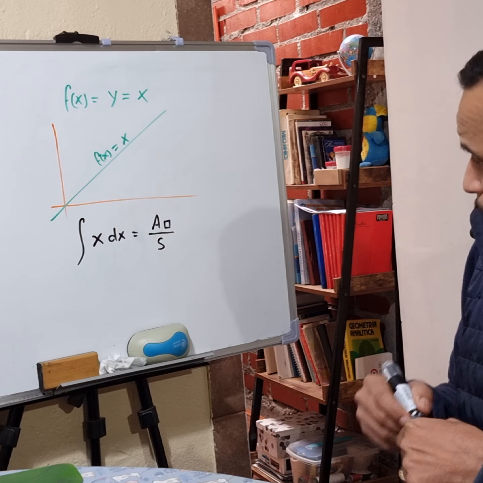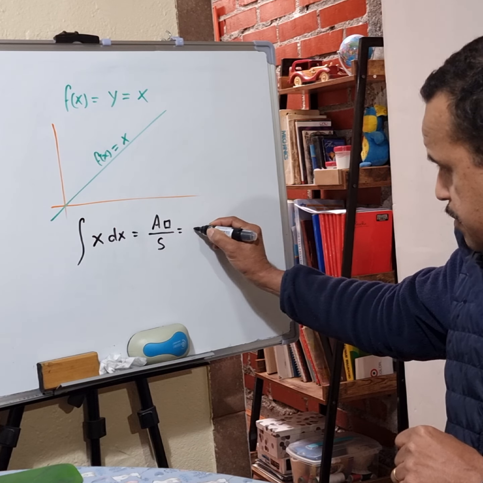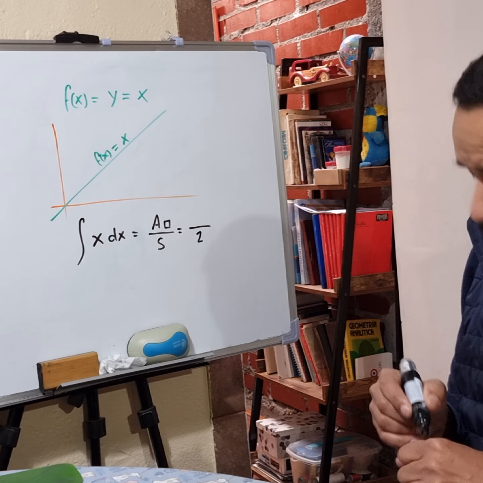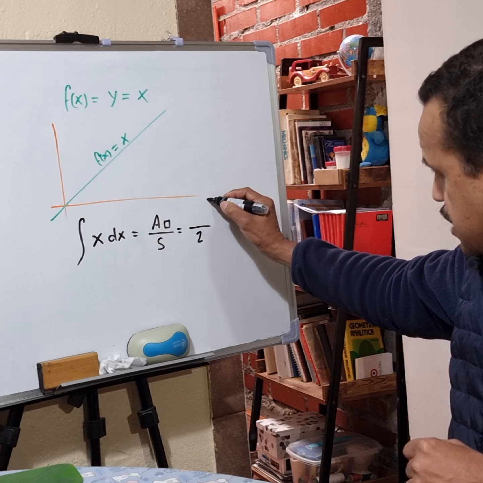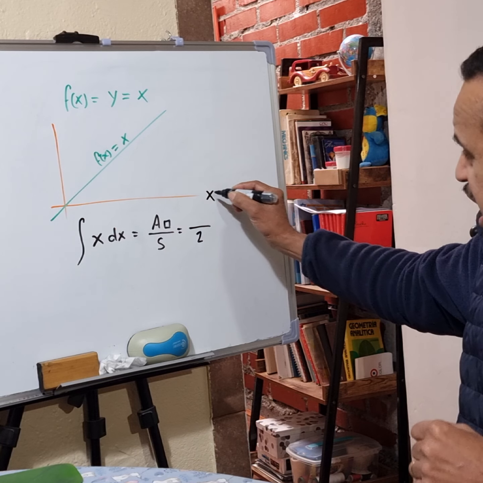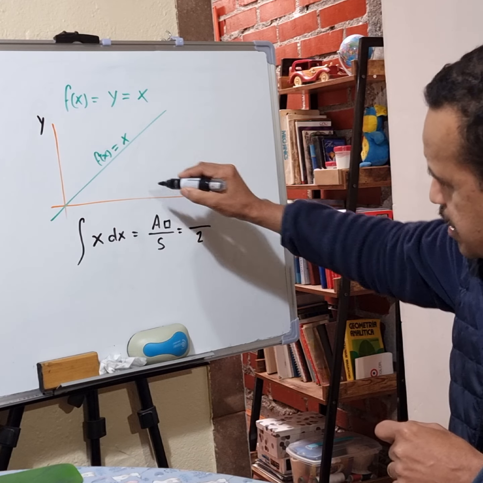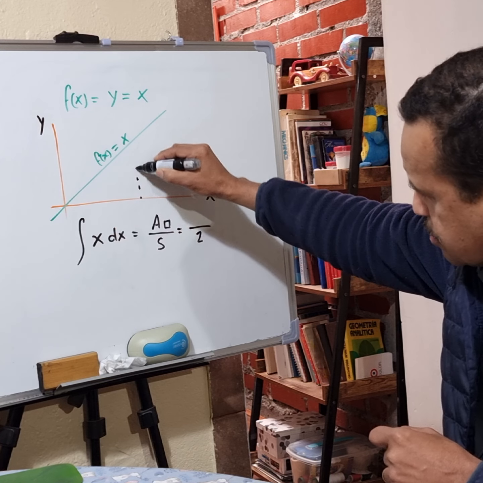That symmetry we have shown is 2, and the area of the square, this is our x-axis and our y-axis, and we draw a little square.